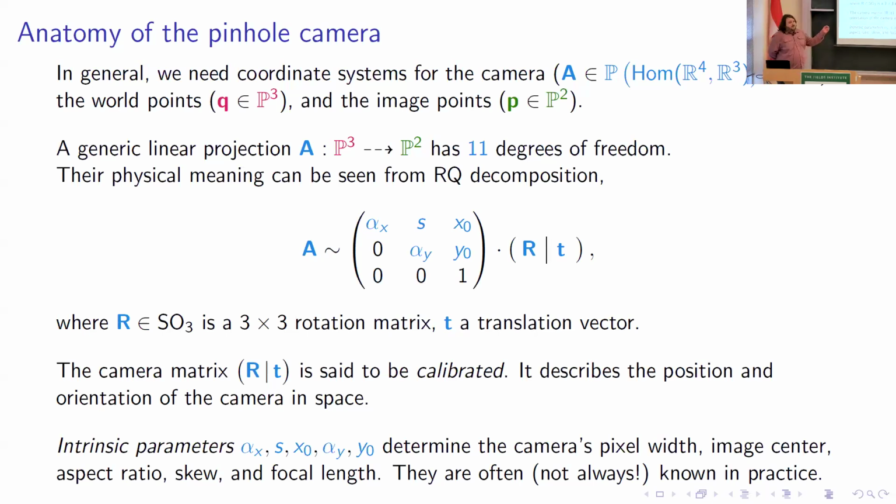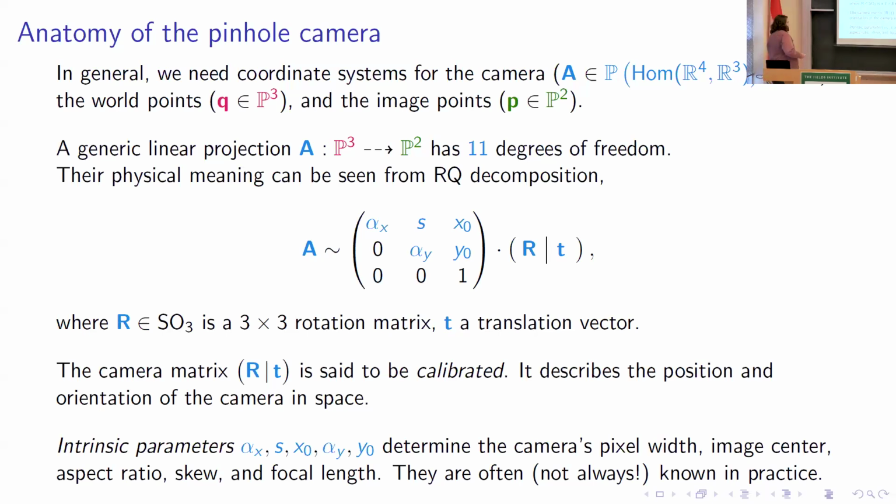S is a skew parameter, which in many cases is 0, though not always. Alpha x and alpha y are telling you something about the focal length and the width of the pixels in the image. So really, you can think of this as an affine transformation in P2 that sort of turns the camera coordinates into the image coordinates.